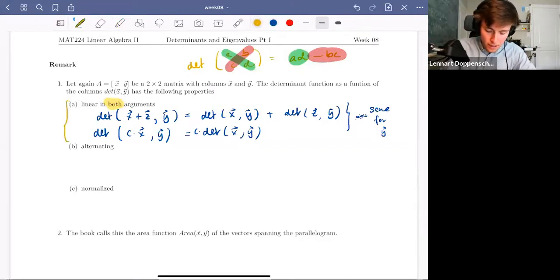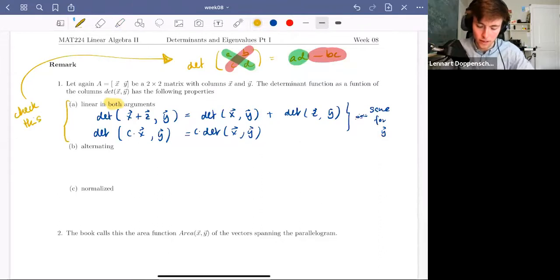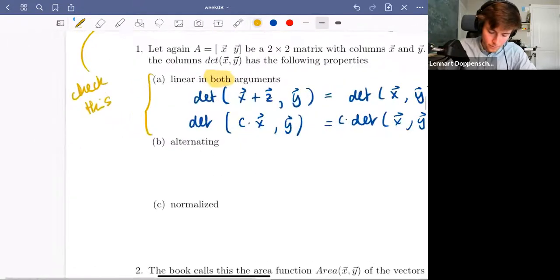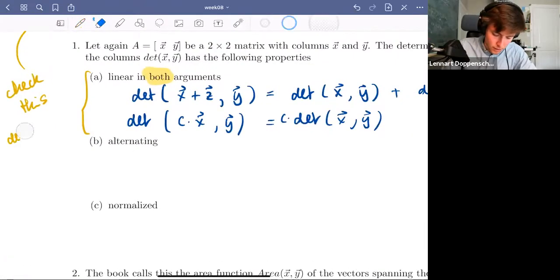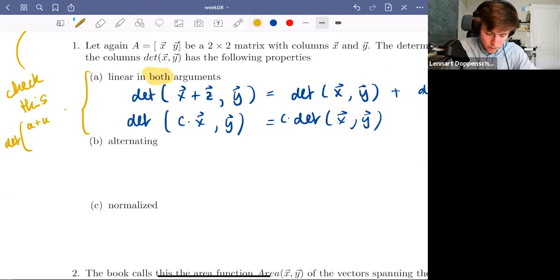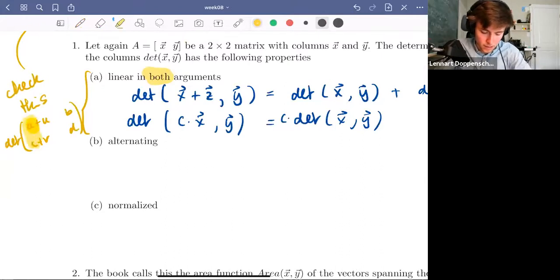And this is something you can check for the given definition of the determinant. If you actually compute the determinant of a plus u, b, c plus v, d, then this means that the first column is now a sum of two different vectors.